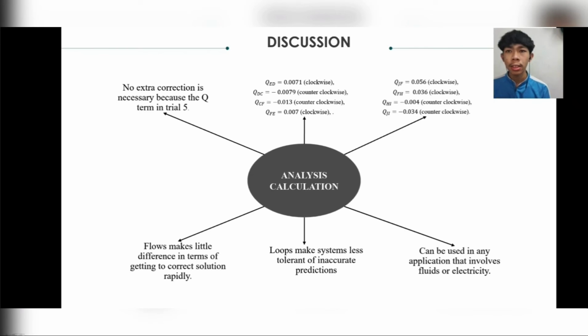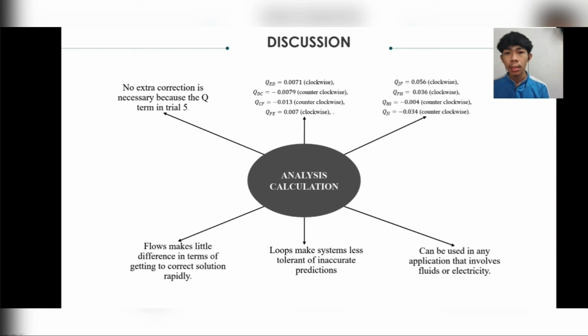As this calculation shows, even the first guess for flow makes a little difference in terms of getting to the correct solution rapidly. In other words, a better initial prediction means fewer iterations to obtain the Q solution. Additional loops make the system less tolerant of inaccurate predictions, since it either needs many more iterations or, in some circumstances, diverges rather than converges.